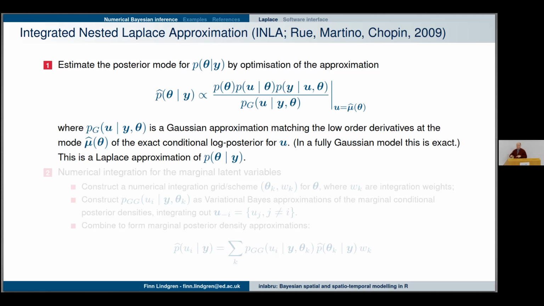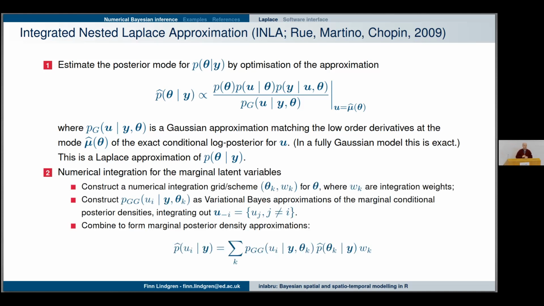But if you want to get the marginal distribution for the latent variables, then that Gaussian approximation itself isn't good enough. So therefore, they added this numerical integration step with another, well, it used to be another Laplace approximation, hence the word nested, integrated nested Laplace approximations.